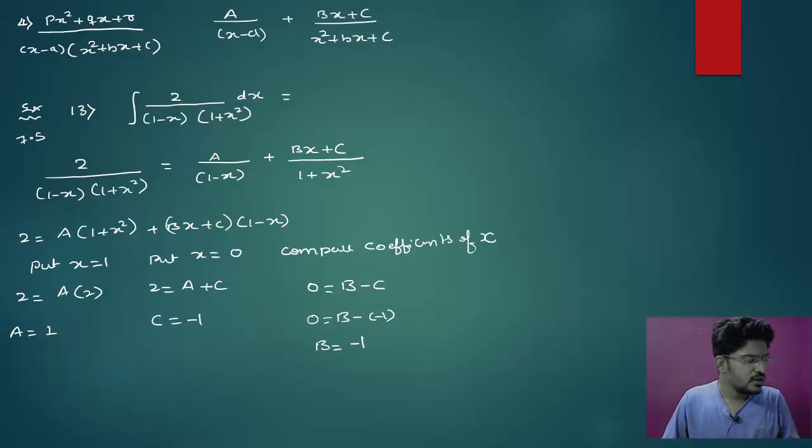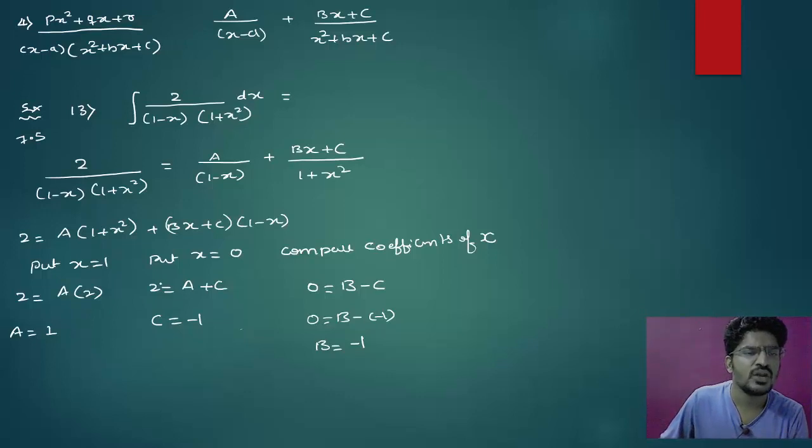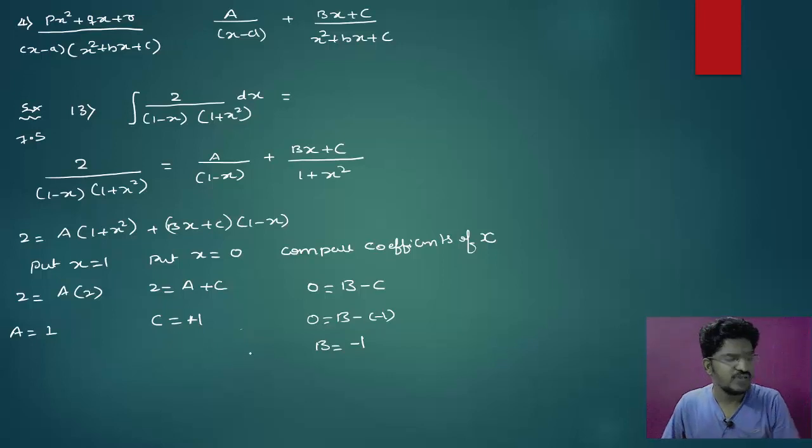Okay, so you get a value as 1, b value as minus 1, and c value, you can just check. a value is how much? a value is 1. So if you take 1 on this side, it will be 2 minus 1. So 2 minus 1 is plus 1. Sorry, c value is plus 1. Okay, c value is plus 1.